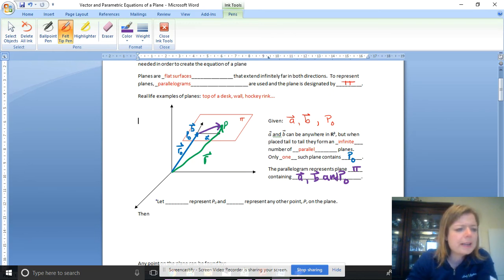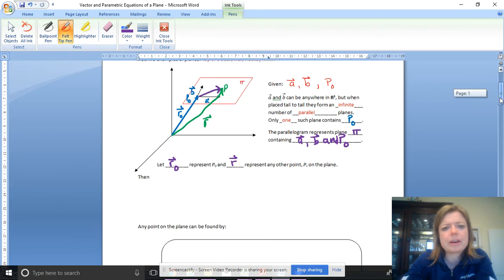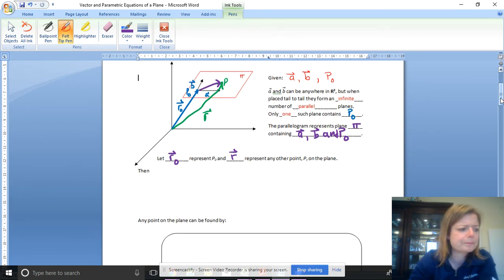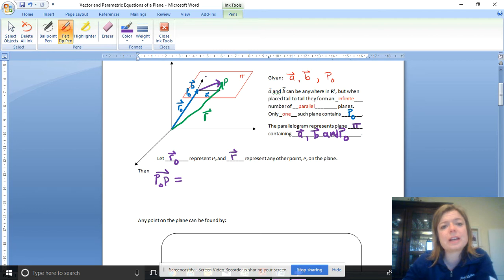So we're going to let RO represent the point PO, and R represent any point P on the plane, other than our given point PO. So then we can say that the vector from PO to P is a linear combination of A and B, because A and B create the plane essentially.